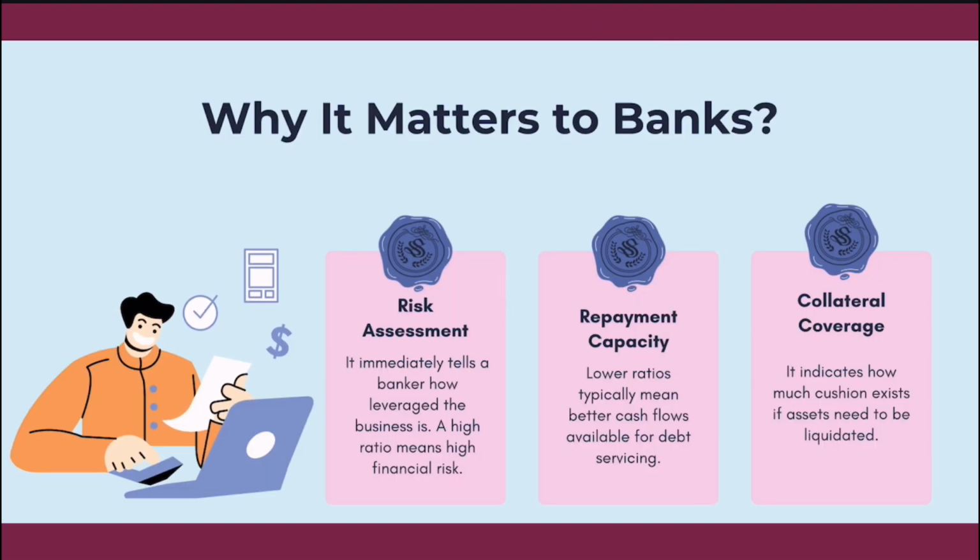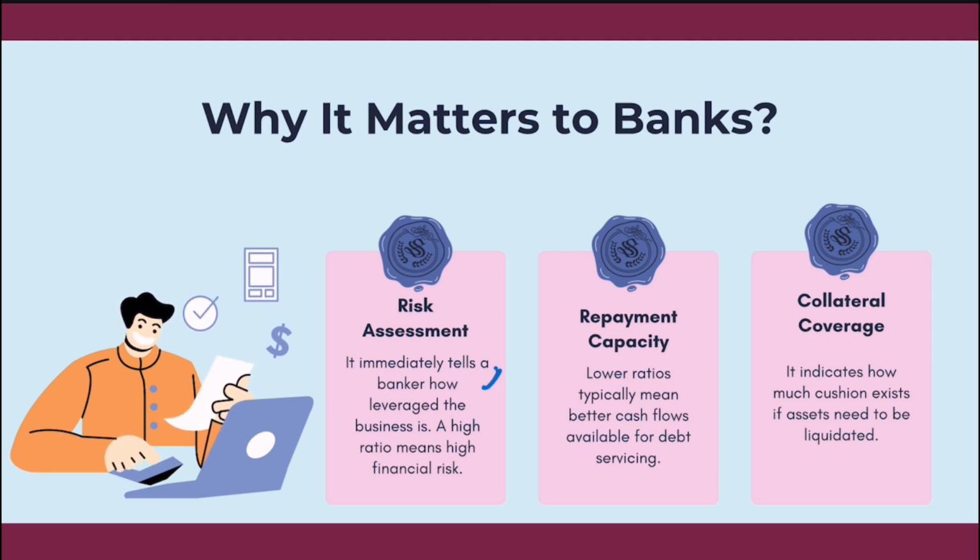Now, why does this ratio matter to the bank? Let's put on our banker hat and decide. When a credit officer sees your CMA report or your projection, this ratio is among the first things he examines, right? First, it helps in risk assessment. It immediately tells the banker how leveraged the business is.